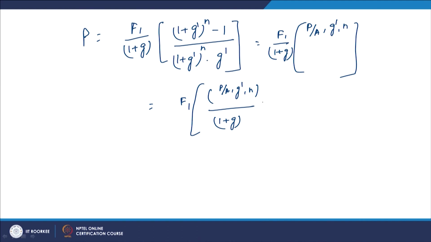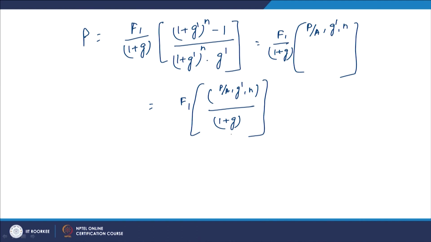So, we can further write as f1 into factor p by a g prime n divided by 1 plus g.